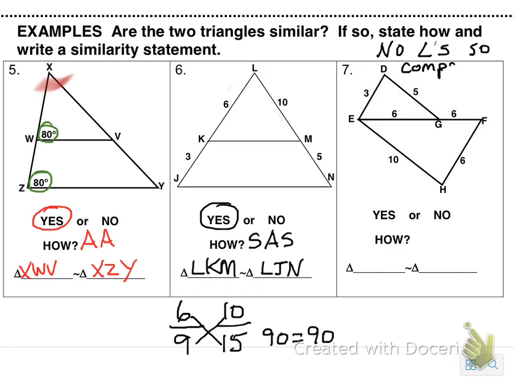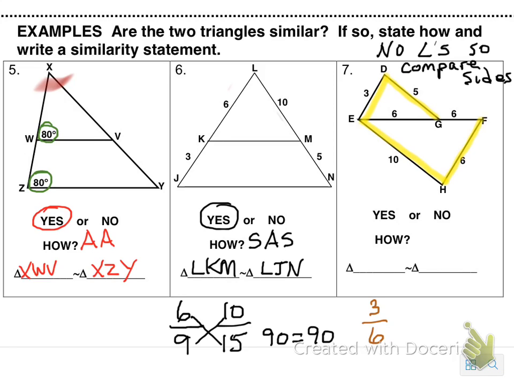Since there's no angles to compare, we can compare the sides. So notice, side ED has a length of 3, and the corresponding side on the larger triangle HF has a length of 6, so we can write a ratio of 3 to 6.